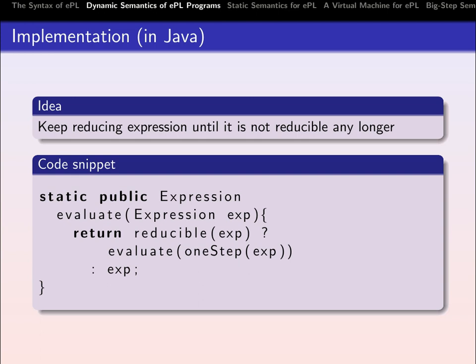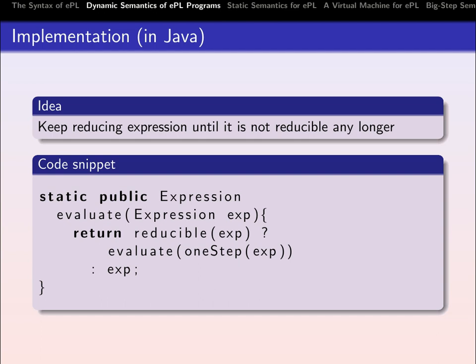So you have to implement a test of reducibility. You have to look at the expression and say, is there anything I can do to this? Is this already something that has a value by definition? And if it does not have a value by definition, then we can apply to it the one-step relation, right?